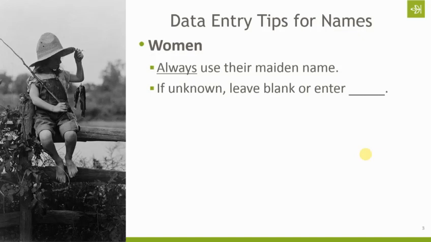Now, again, it's your tree, but I would encourage you to just leave it blank if you don't know what her maiden name is. Now, if you just really can't stand the blank space, and I'm one of those people who can't stand a blank space, it also sometimes messes up some formatting when I'm printing things, I actually enter 5 underscores to create a blank line in that particular data field.